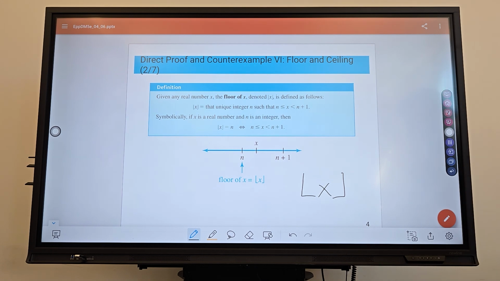The floor of x, denoted by this symbol, is defined as that unique integer n such that n is less than or equal to x, and x is less than n plus 1. So the floor of x is n if and only if n is less than or equal to x, and x is less than n plus 1.